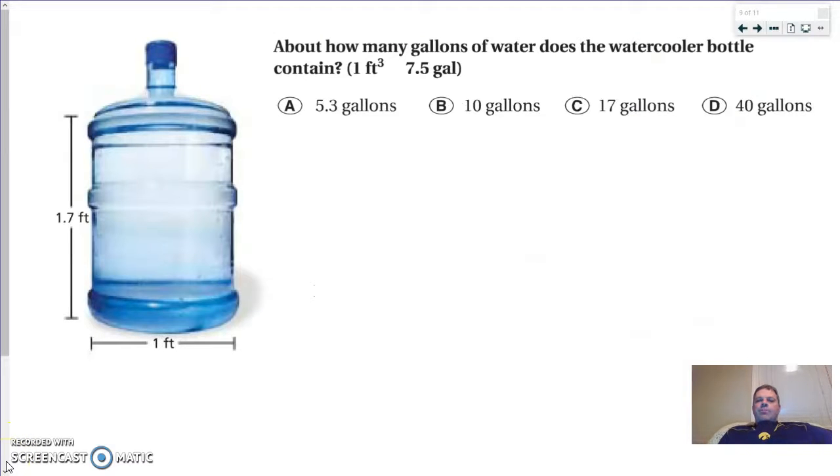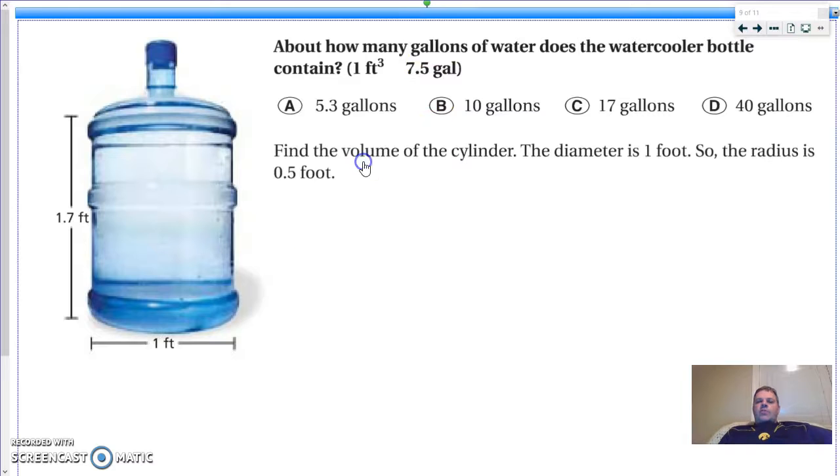In our next application problem, we are trying to find about how many gallons of water this water cooler bottle contains. We must also know that 1 cubic foot is 7.5 gallons. So the first thing that we need to do is find the radius. Since this is the diameter, the distance across the whole thing, we know that the diameter is 1 foot, so the radius is 1/2 foot.